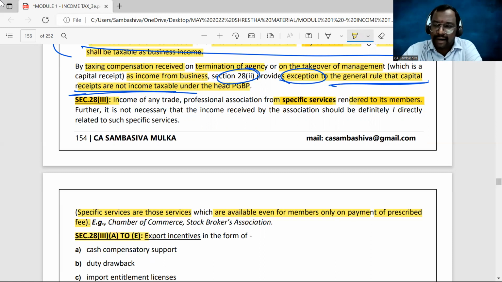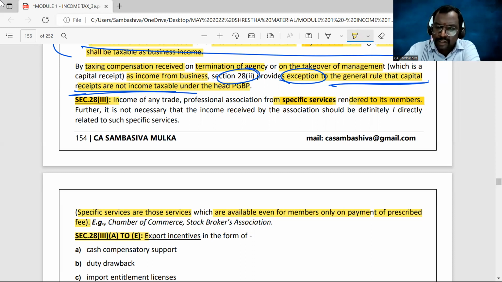For conducting the seminars, ICAI will charge a certain seminar fee. Even though we are members, in order to attend those seminars we need to pay the seminar fees. So here the professional association is rendering some specific services to its members, but not free of cost, by taking certain money. Are you following or not?